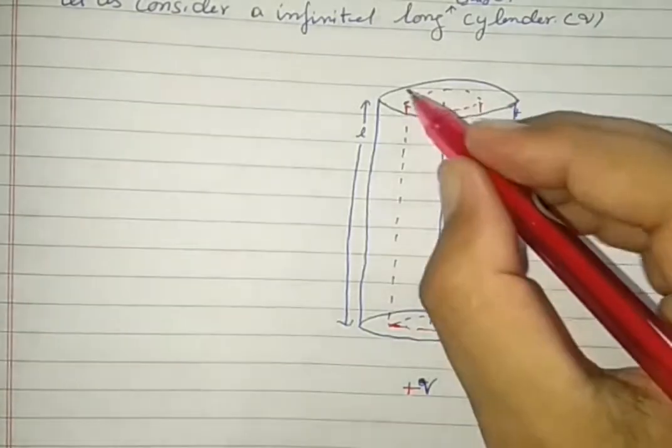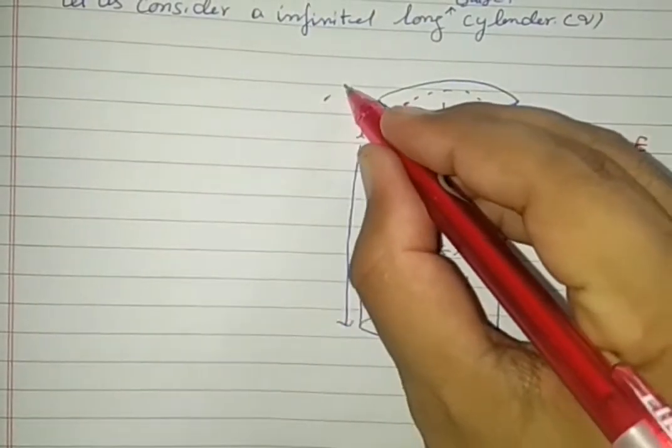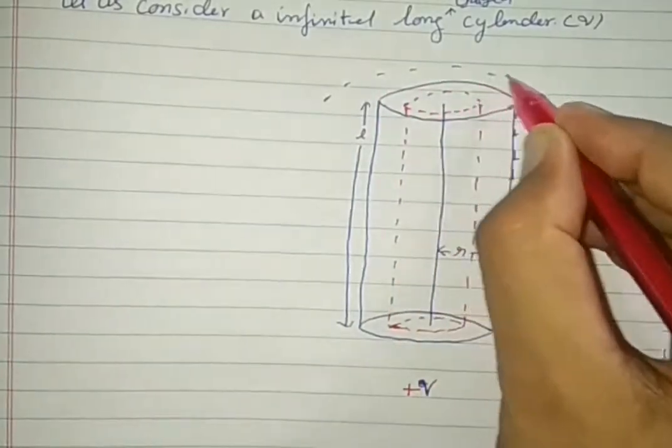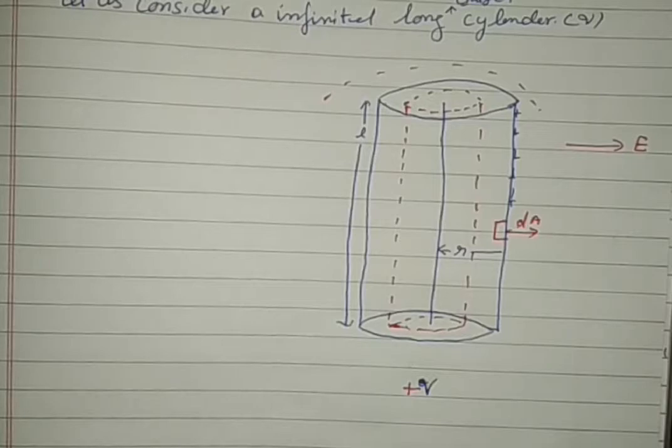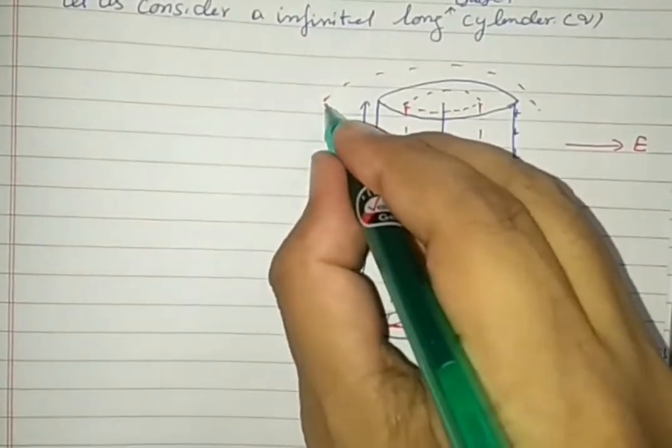And one Gaussian surface outside it, represented here by a new color.